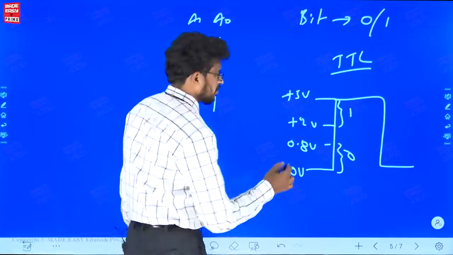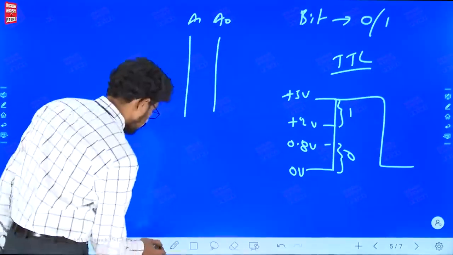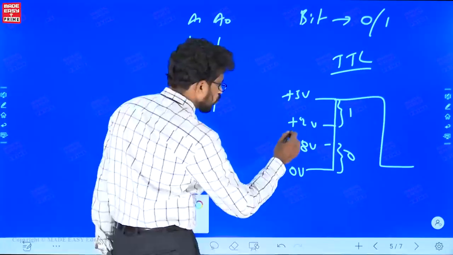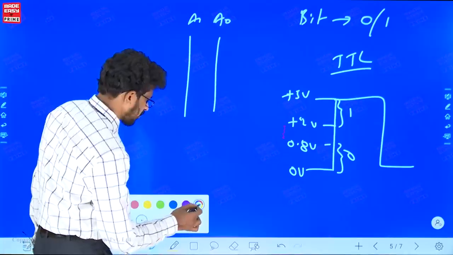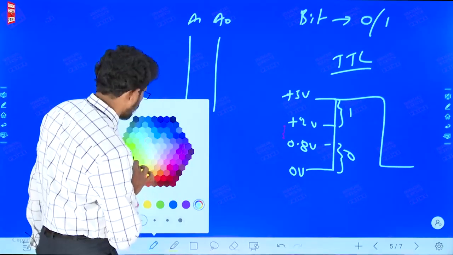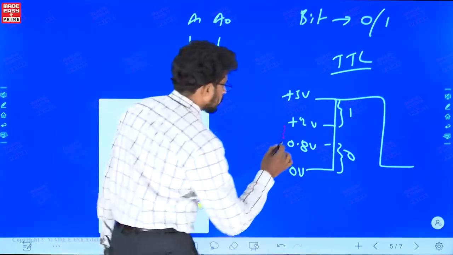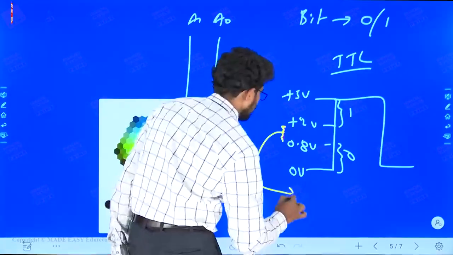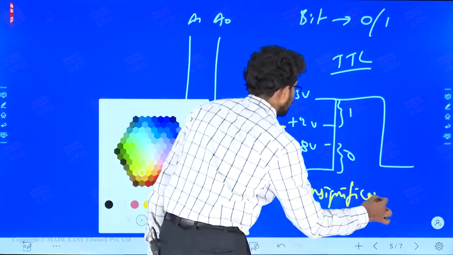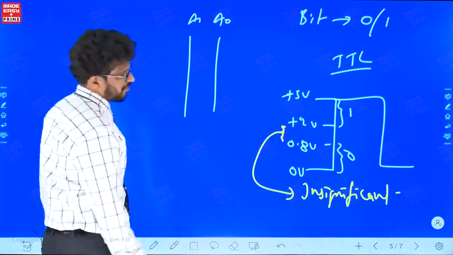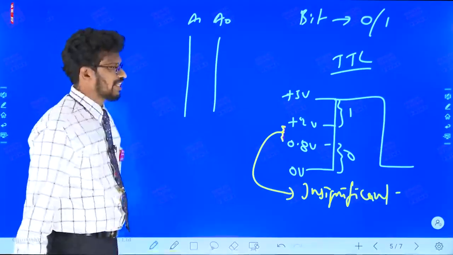So, the levels between 2 and 0.8 are called invalid, meaning they are not valid. The processor cannot understand this value; it is insignificant or indefinite. How to avoid that we shall see later.